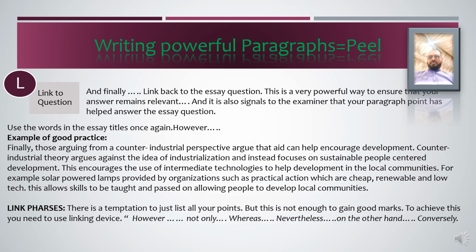Finally, those arguing from a counter-industrialist perspective argue that aid can help encourage development. Counter-industrial theory argues against the idea of industrialization and instead focuses on sustainable, people-centered development. This encourages the use of intermediate technologies to help development in the local communities. For example, solar-powered lamps provided by organizations such as Practical Action, which are cheap, renewable, and low tech.